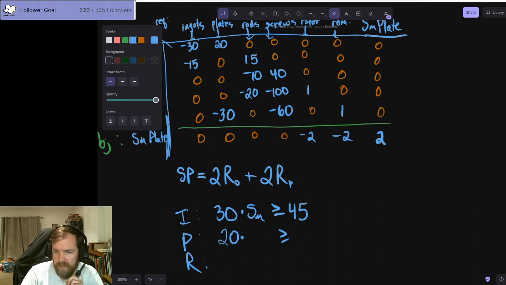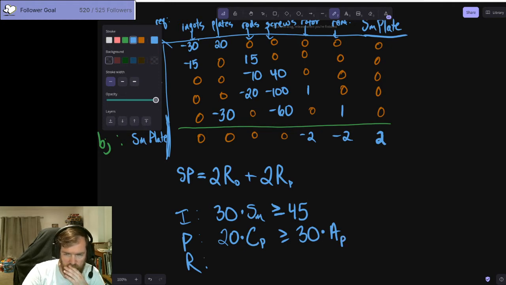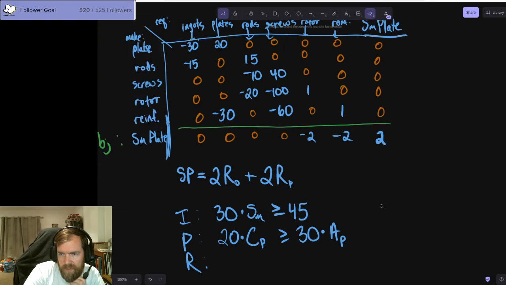It's going to be 20 times the number of constructors devoted to plate, which must be greater than or equal to 30 times the number of assemblers devoted to reinforced plating. So because of that, this is wrong too.